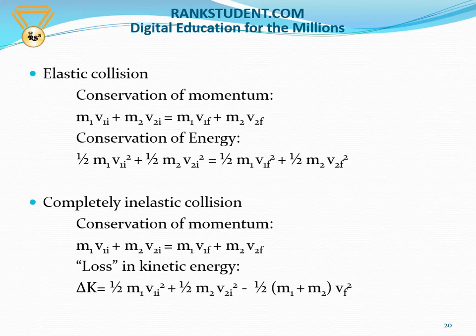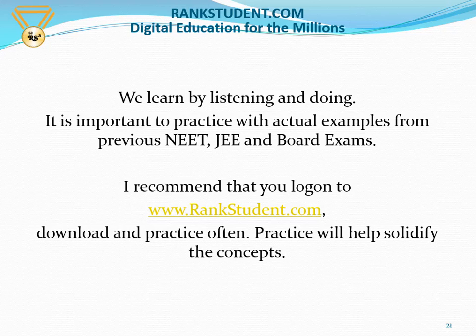In a completely inelastic collision, the conservation of momentum is the same, but the loss in kinetic energy is given by 1/2 of m1 v1i squared plus 1/2 of m2 v2i squared minus 1/2 of m1 plus m2 vf squared. This is stored in the deformed bodies.